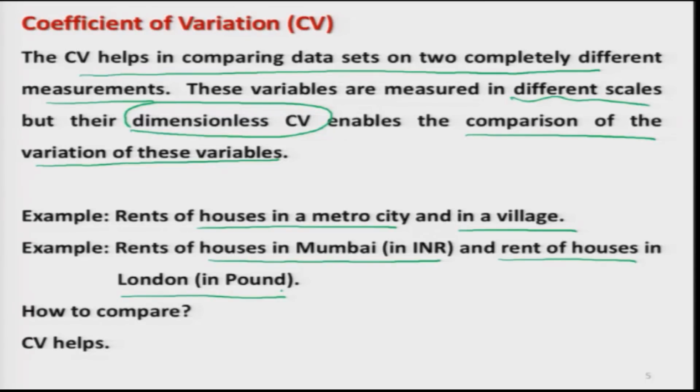Now, how to compare when the data has been obtained in the same unit, as in the first case when we are trying to find out the rents in a metro city and a village in India, and when the data has been obtained in different units, as in the case of rents of houses in Mumbai and London? So, how to compare? Then again in this case the coefficient of variation helps us.